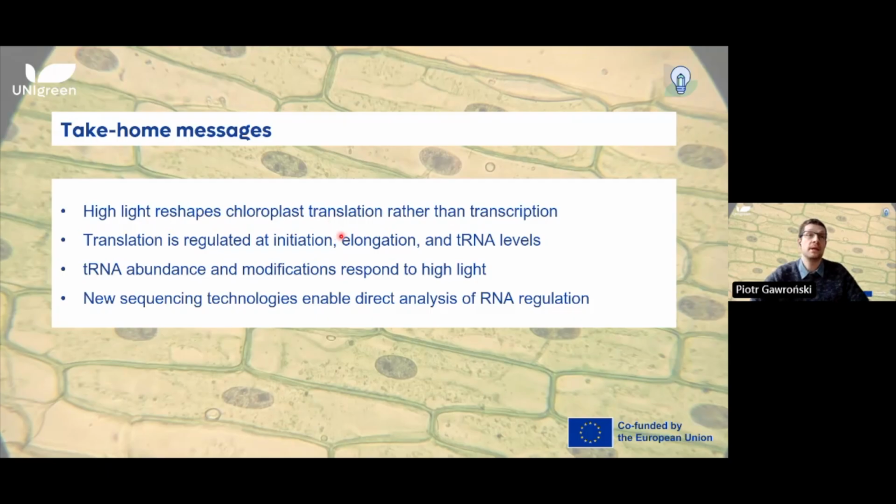The psbA gene illustrates how translation initiation can be regulated through changes in the mRNA structure, while ribosome pausing adds another regulatory layer during the elongation. And our recent work further shows that the tRNA abundance and tRNA modifications fine-tune the chloroplast translation.